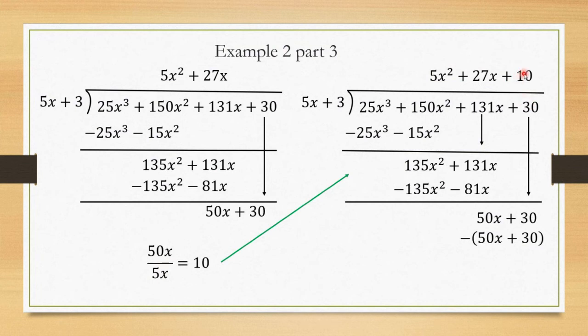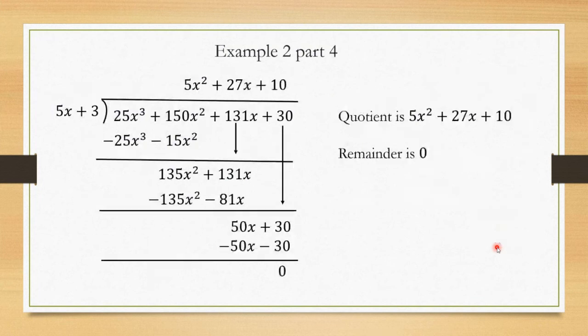So now we have 10. We're going to multiply that by 5x plus 3. We get 50x plus 30, and subtracting it, you distribute the negative, but hopefully you can see from here you're going to get 0, which we do. These are going to cancel, we get 0.